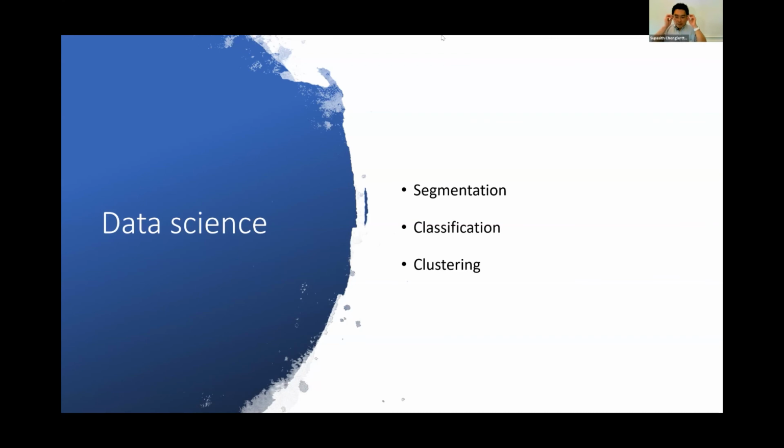Segmentations, classifications, and clustering. So these are 3 examples. Segmentations means you are trying to separate instances or people or your customers to see which group, what kind of customers like to buy, want to buy certain types of products.